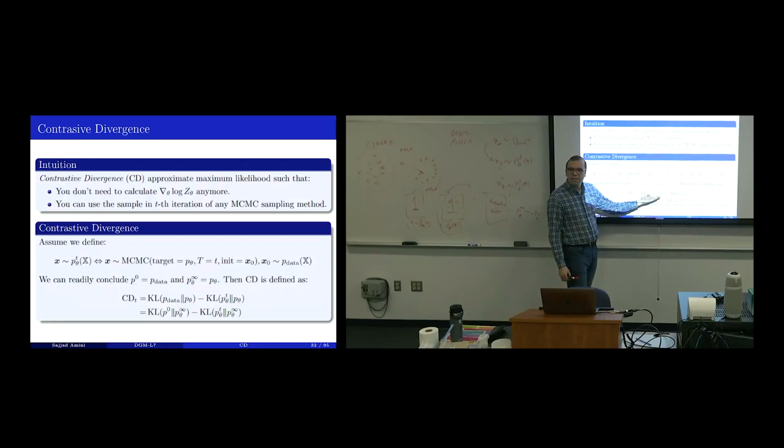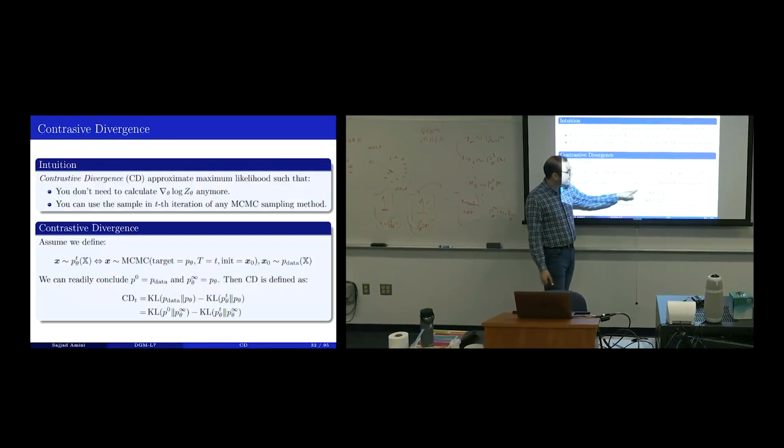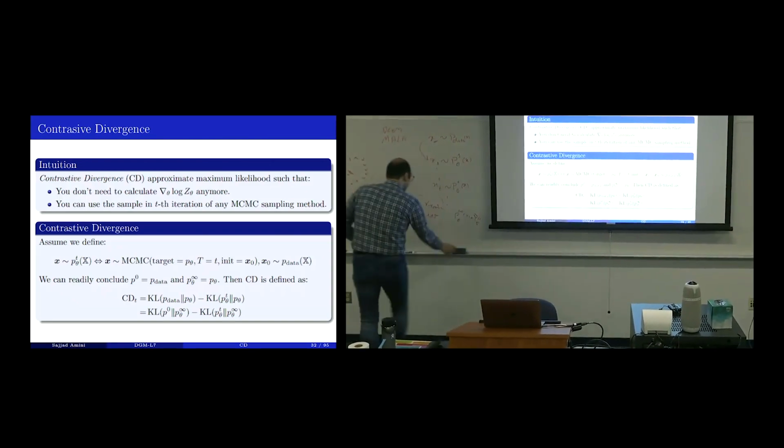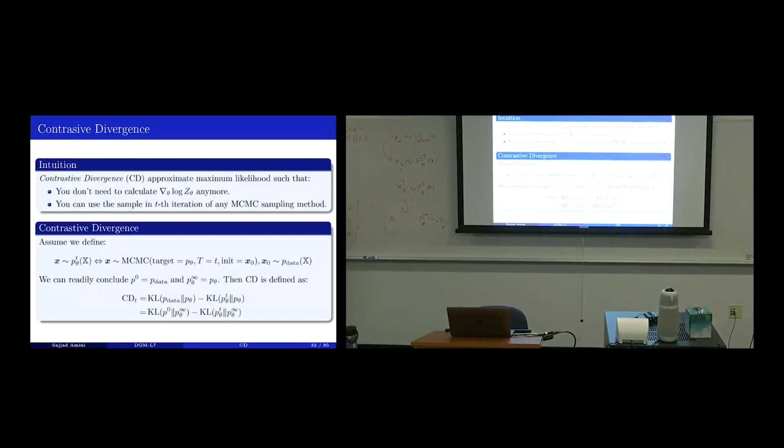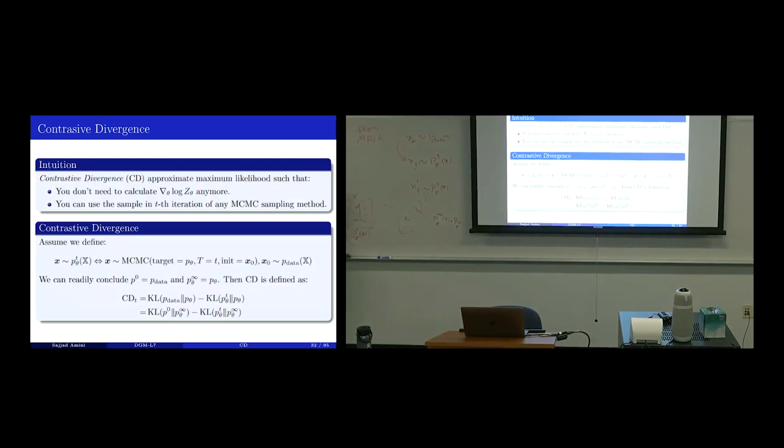What is this? This is equivalent to maximum likelihood because we previously used this function as our distance metric. Yes? So, this is our previous distance metric. We have previously shown in the first presentation.